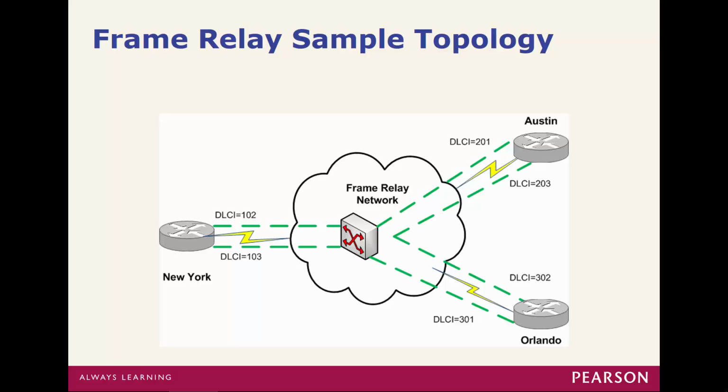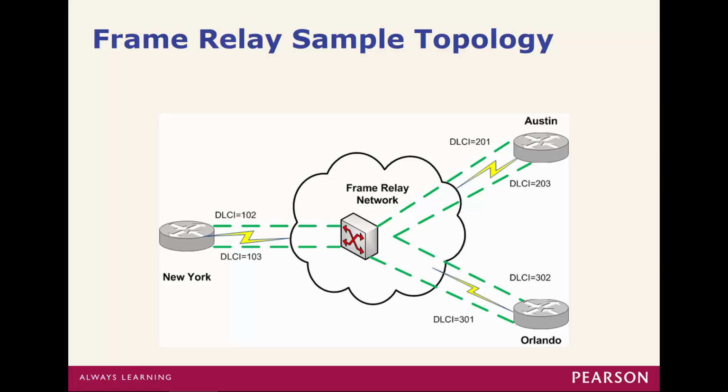Each connection is going to have a unique identifier, DLCI 102 and 103, that's going to be for New York. That DLCI 102 may pair with the Austin interface, DLCI 201. The numbers might be backwards, but that's not the point.